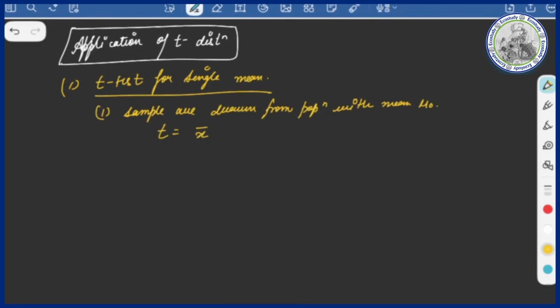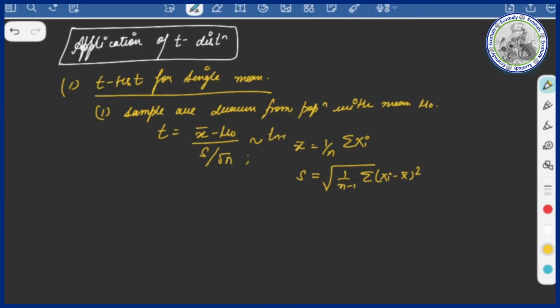The test statistic is x bar minus mu naught upon s divided by the square root of n, where x bar is equal to 1 upon n sigma xi and s is equal to the square root of 1 upon n minus 1 sigma of xi minus x bar squared. And it will follow the t n minus 1 distribution. And you have to see the critical value for n minus 1.